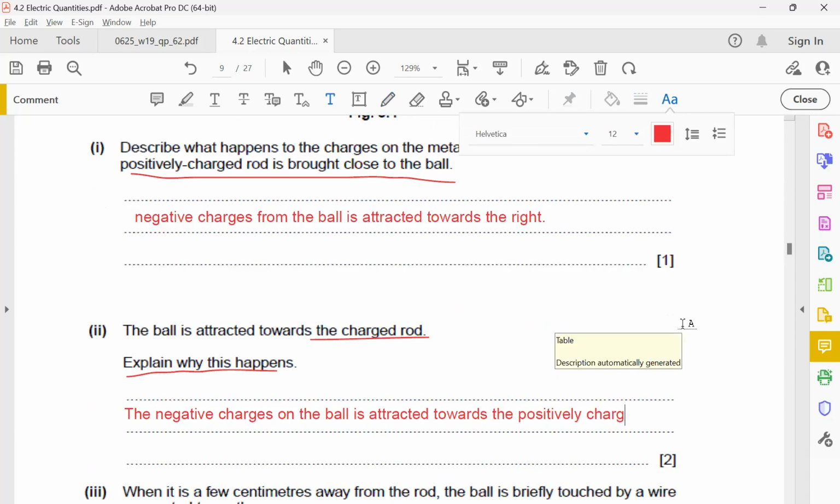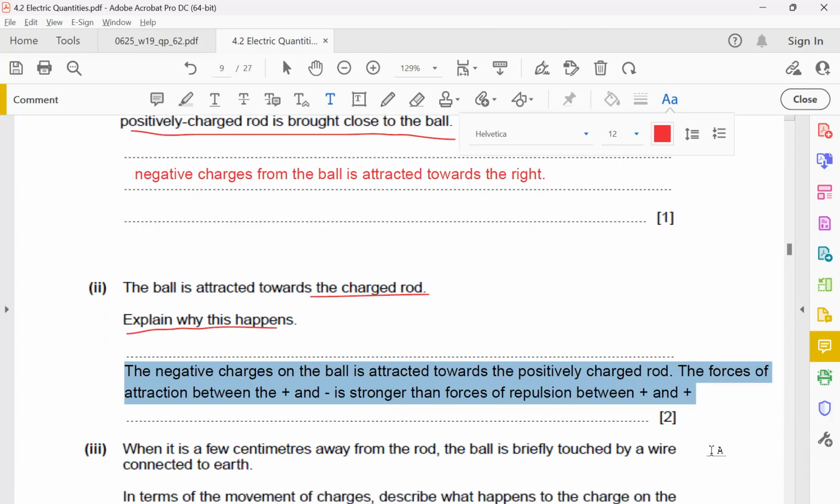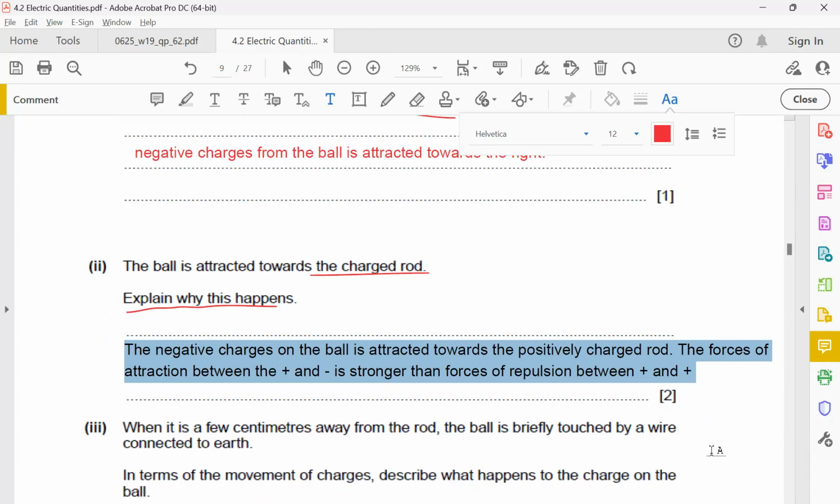Okay, forces of attraction between the plus. Something along these lines, guys, to get your second mark. The forces of attraction is stronger than the forces of repulsion.